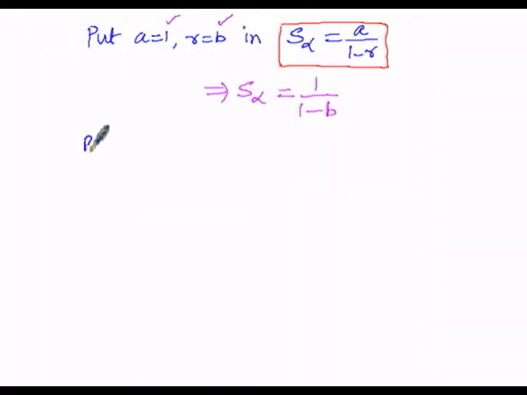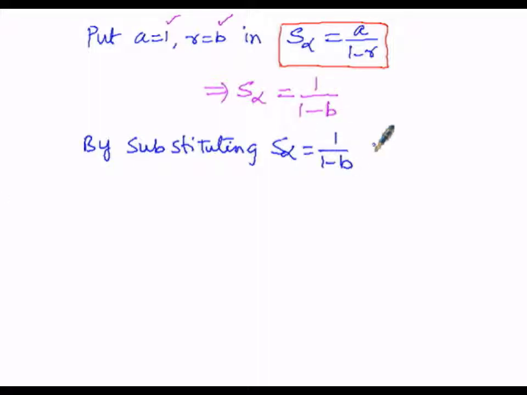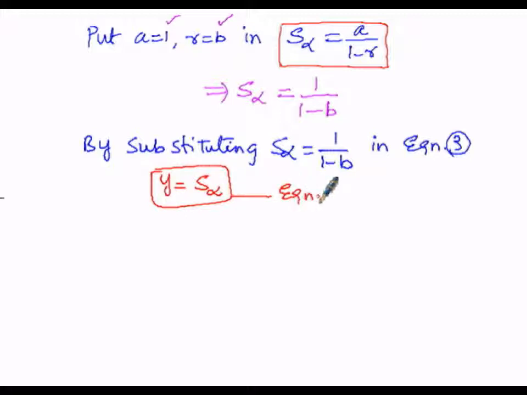By substituting S infinity equals 1 by 1 minus b in equation number 3, where equation number 3 is y equals S of infinity. The next logical step: y equals S infinity, but S infinity equals 1 by 1 minus b, so instead of S infinity I replaced it by 1 by 1 minus b.